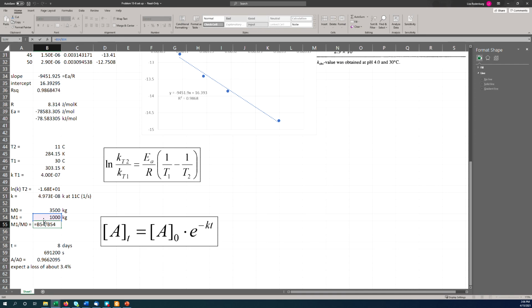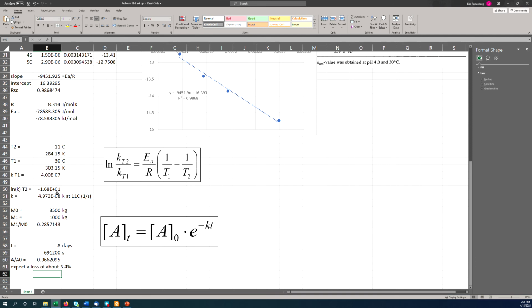M1 over M0, this is what's remaining. The loss was 72%, right? 1 minus this is how much was lost. So we lost 3/4 of the mass, but our reaction rates tell us that we should only have lost about 3% of the mass, right? So much more of it has disappeared than we can explain with this abiotic reaction.